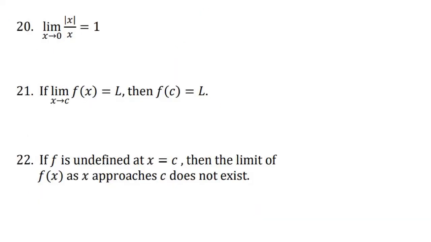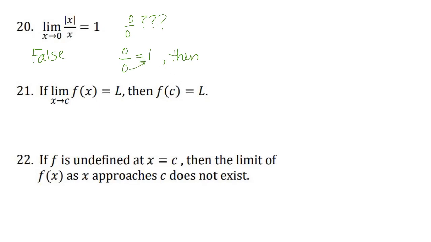For number 20, it sure would be nice if this was true, but again, it is not. This one is false. Here, if we sub in, notice we get 0 over 0, and we have no idea what 0 over 0 is. We can't say that it's 1. If we did just say it was 1, then we could disprove this by multiplication.